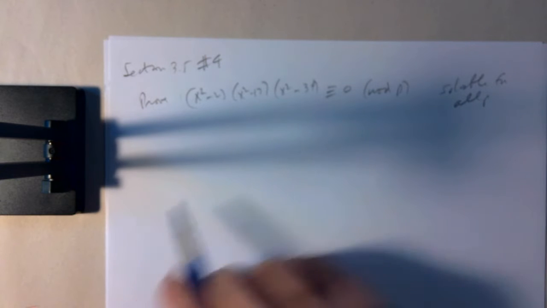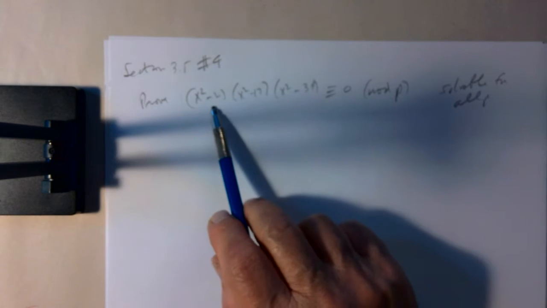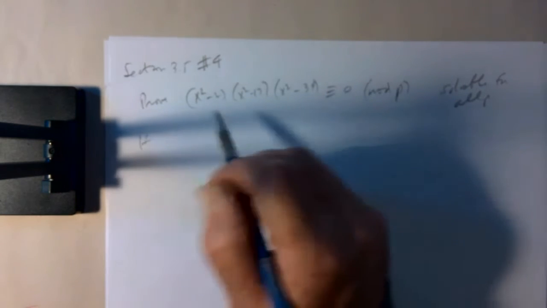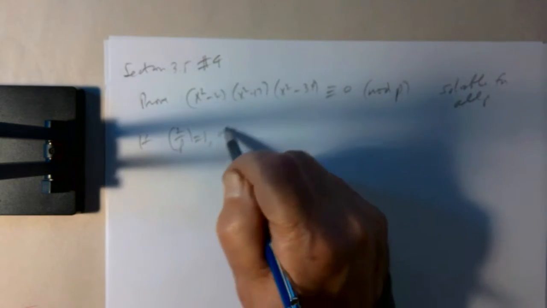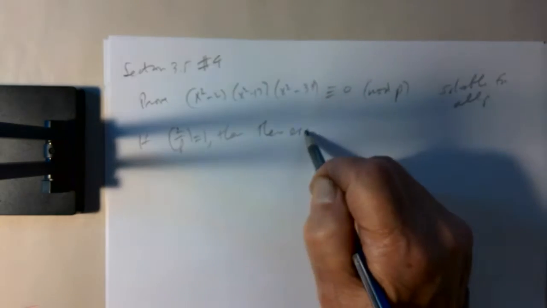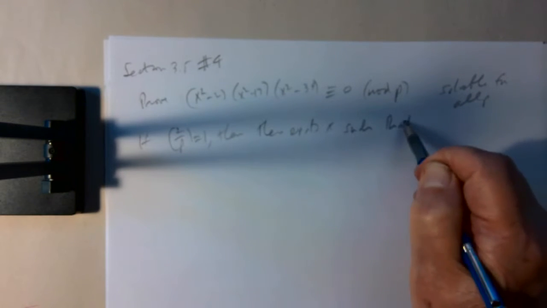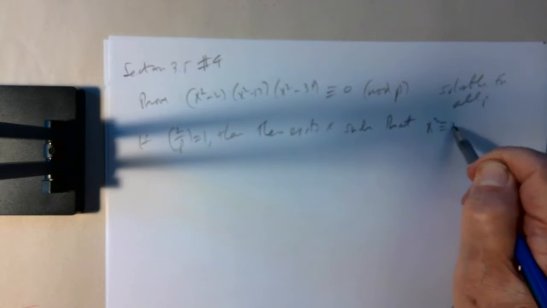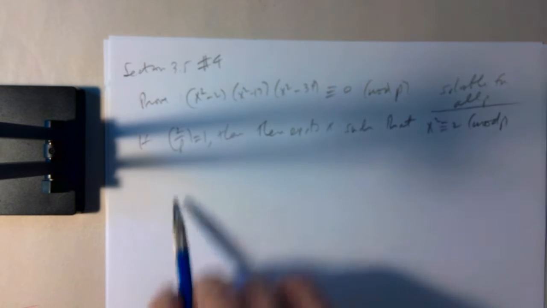So if you look at this, you notice if 2 is a quadratic residue mod p, this has a solution. So if 2 over p equals 1, then there exists an x such that x squared is congruent to 2 mod p, right?